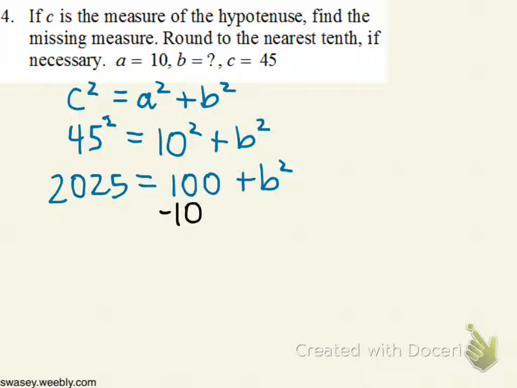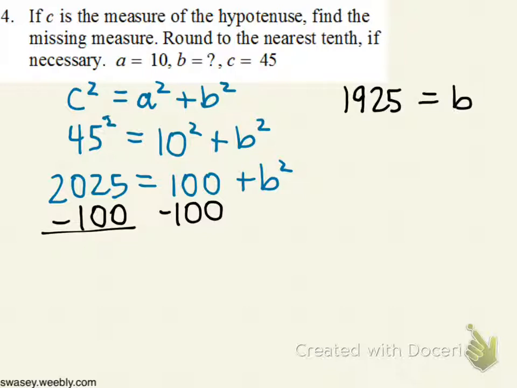We'll subtract 100 from each side. So we got 1925 equal to b squared, and then to get rid of squared, we'll square root. Only a positive answer makes sense here.